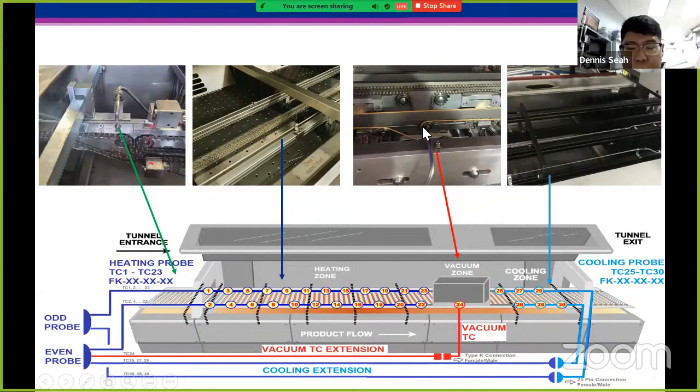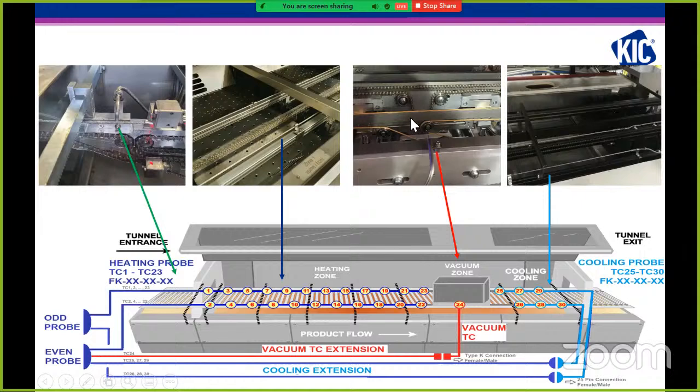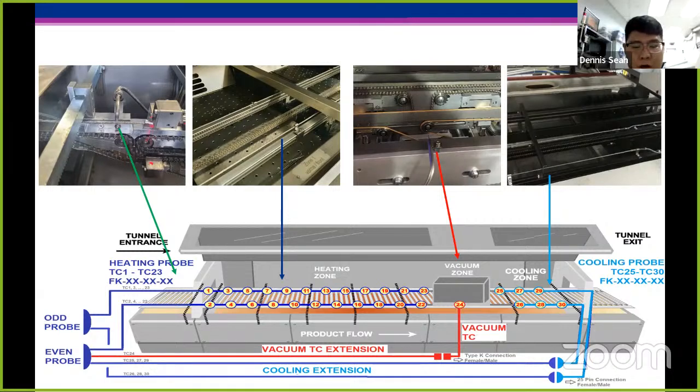It's going into the chamber, inside the chamber. So that means we have to measure the O1 very precisely. There are no sensors in the vacuum zone, but there will be additional external vacuum TCs in the vacuum zone area.